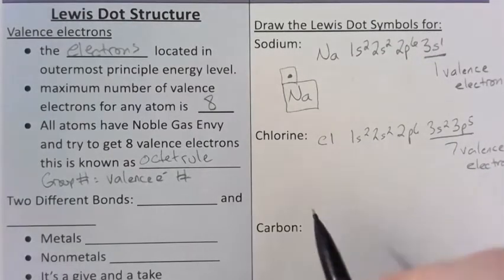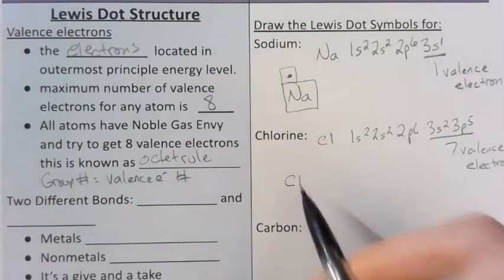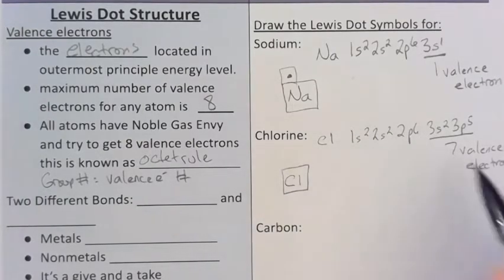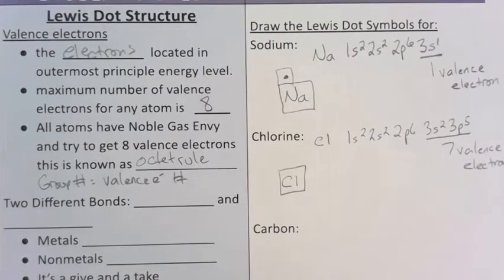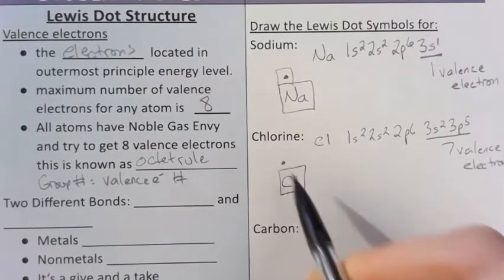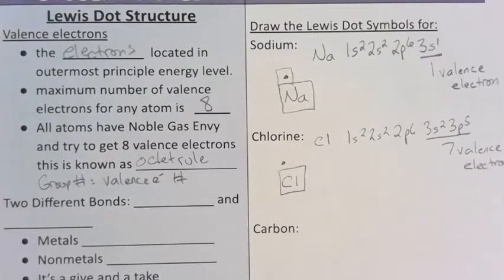Okay, if we repeat that example with our chlorine, we've got the box around chlorine again, but this time we've got 7 valence electrons that we need to add in, and we're going to start by putting 1 electron per side. And if you remember that Hund's rule, the electrons don't like to exist in the same orbital unless they have to fill in that entire energy level.